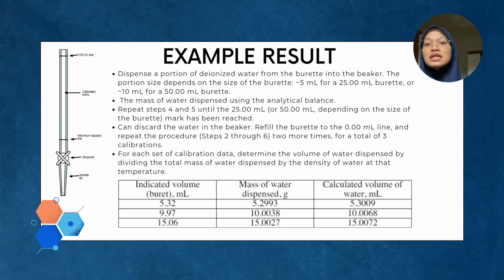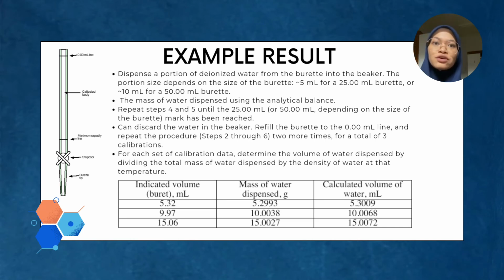For the first is 5.32, for the second 9.97, and the last one is 15.06. And for mass of water dispensed in gram, the first is 5.2993, second 10.0038, and the last one 15.007.